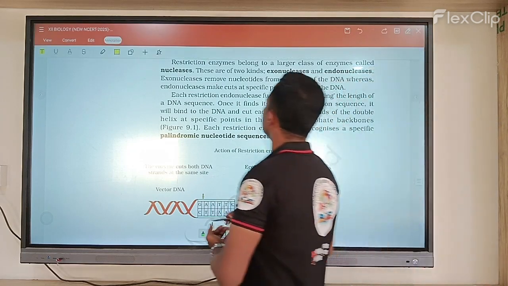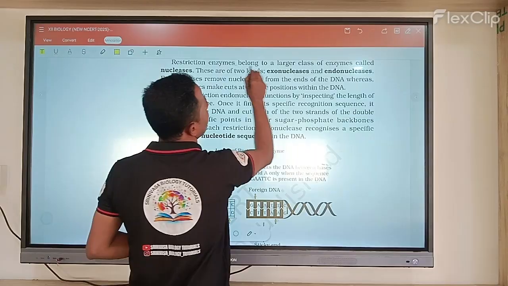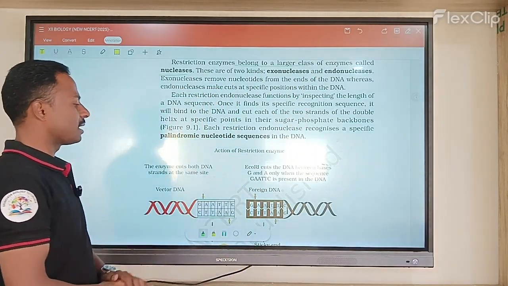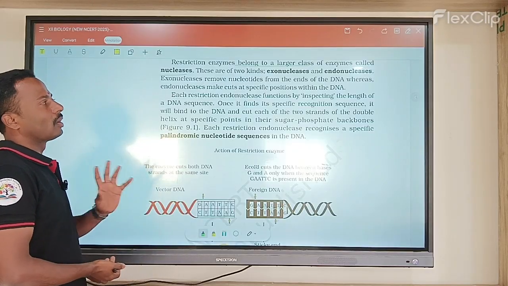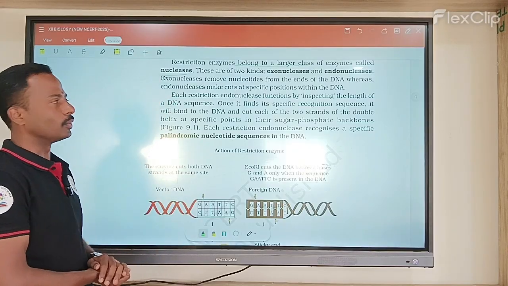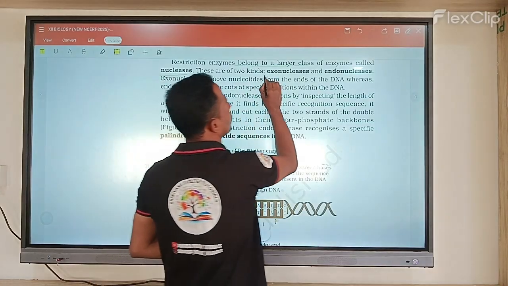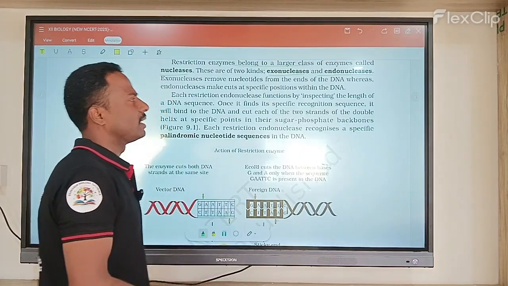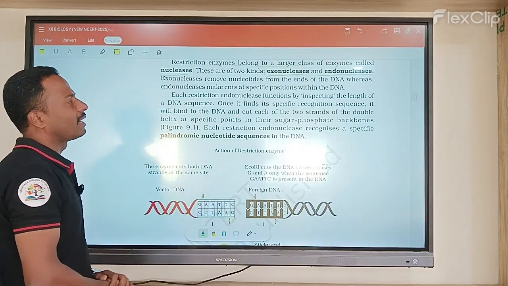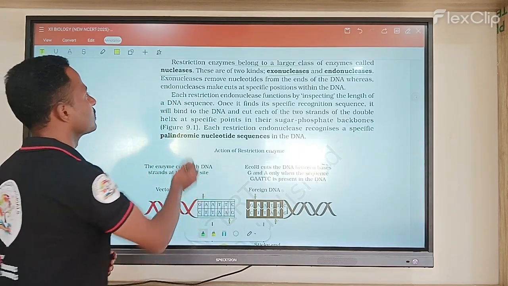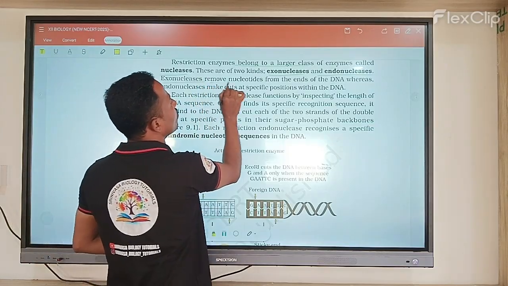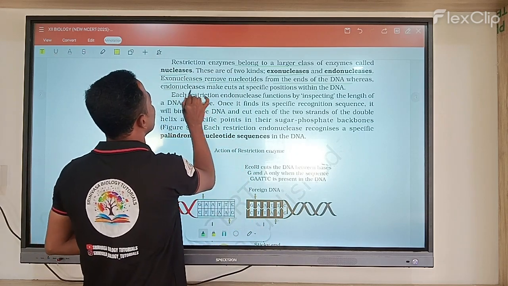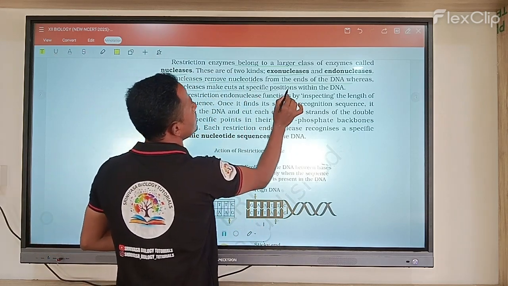Next, restriction enzymes belong to a large class of enzymes called nucleases. There are two kinds: exonuclease and endonuclease. The exonuclease removes nucleotides from the ends of the DNA, whereas the endonuclease makes cuts at specific positions within the DNA.